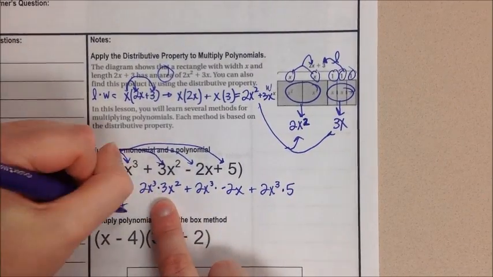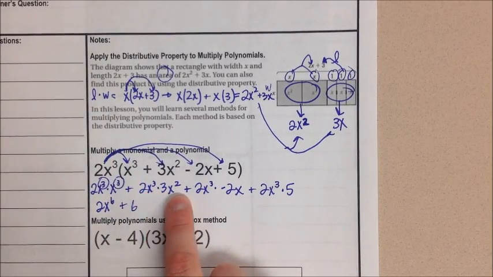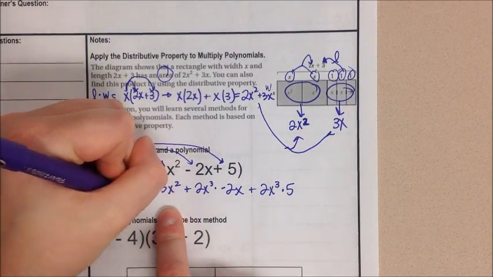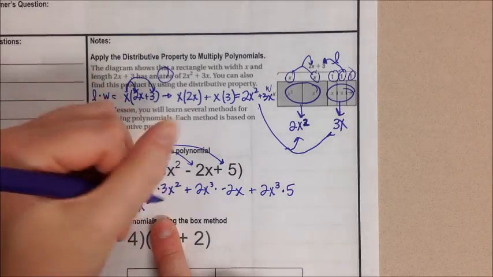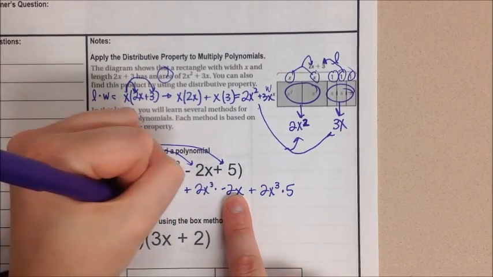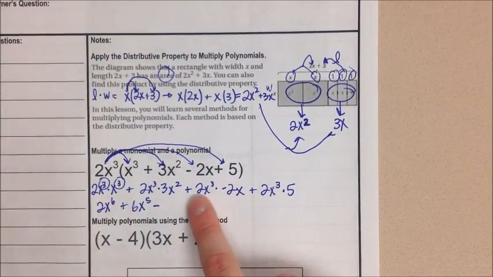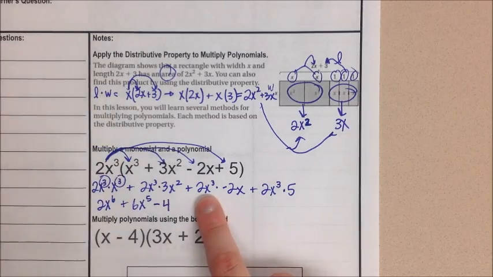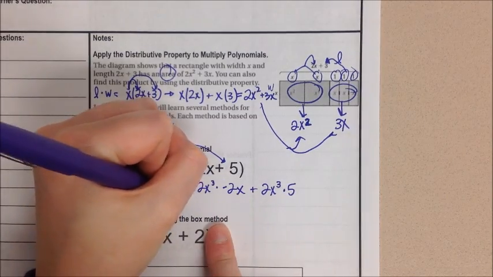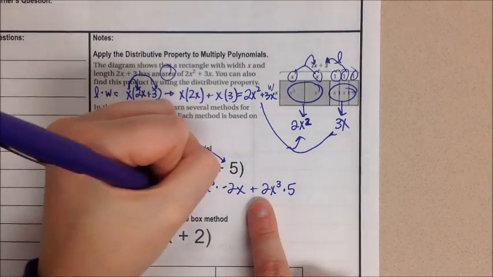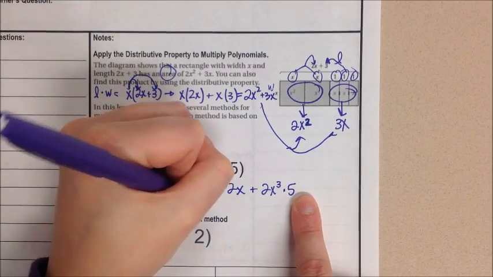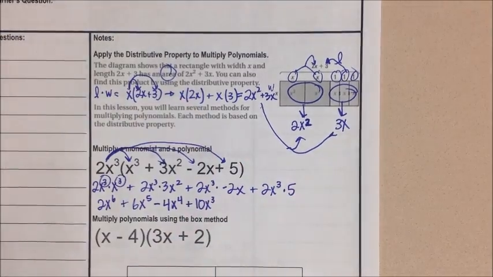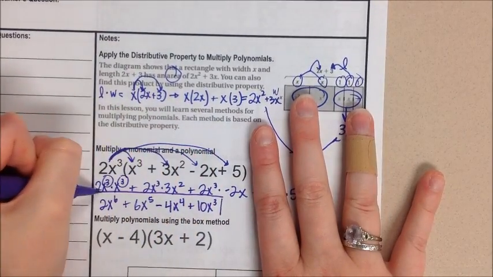So then I have 2 times 3, which is 6, and then x cubed times x squared, which would be x to the 5th, okay? Then I have a positive times a negative, so that's going to give me a negative. 2 times 2 is 4, and then x cubed times x is x to the 4th. And then I have 2 times 5, which is 10, and then just x to the 3rd. Okay, so that would be your final on that.